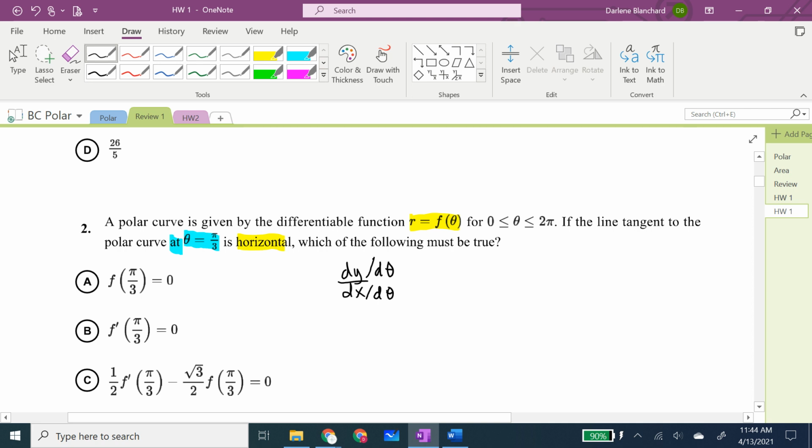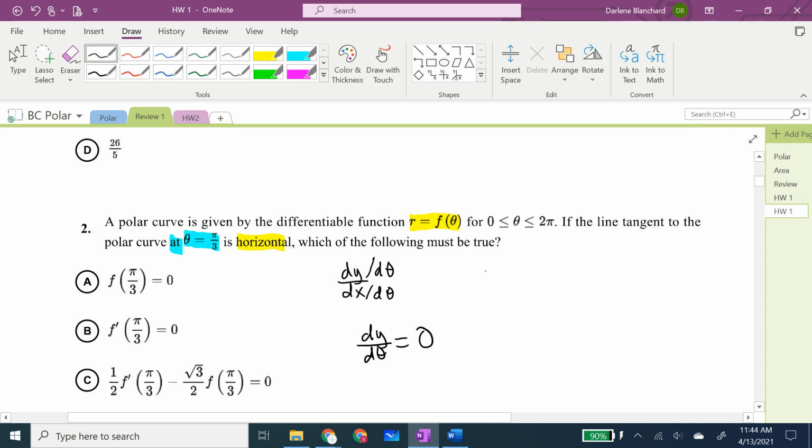Now, a horizontal tangent line will happen when the numerator is 0. So that's going to be my focus, I need dy d theta to equal 0. And everyone's paying attention? Okay, all right.